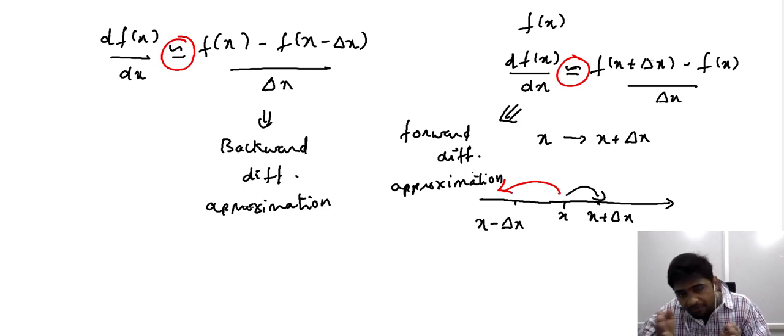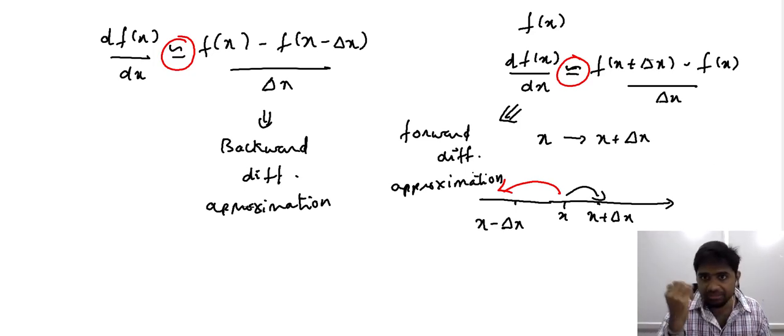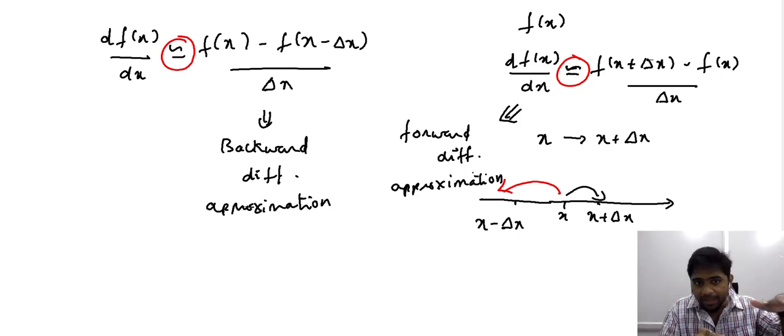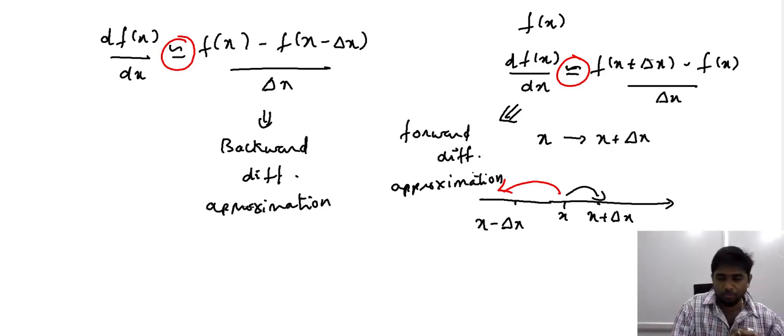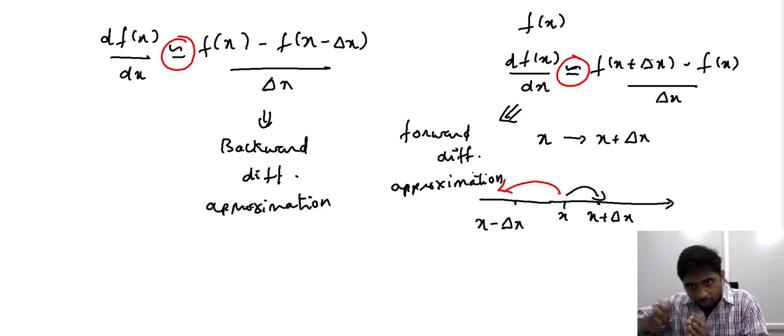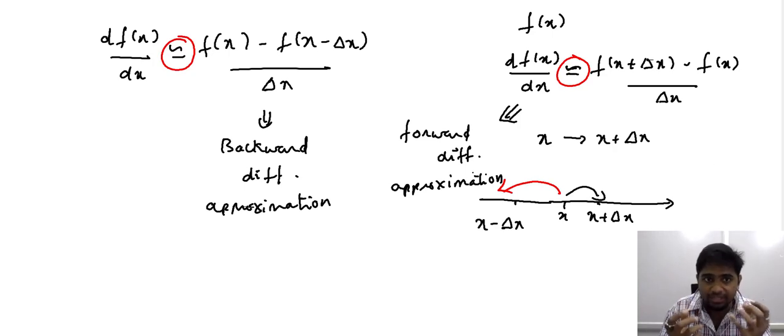We need to move away from the original point to arrive at the derivative. The way we move away from the original point brings about the difference in the way we express this approximation. In case of the backward difference, we move backward from the original point. In case of forward difference, we move forward from the original point, and correspondingly we have two different ways of approximating the derivative of a given function.